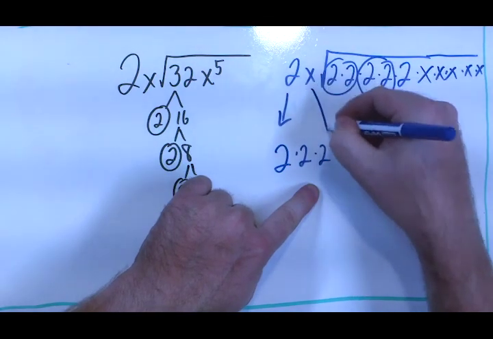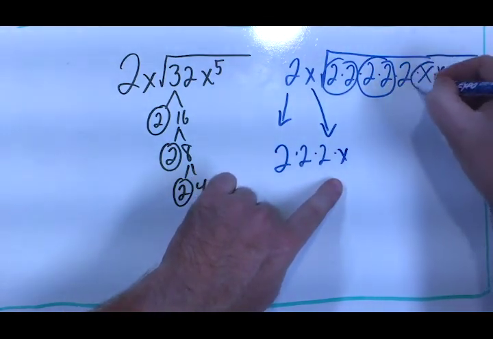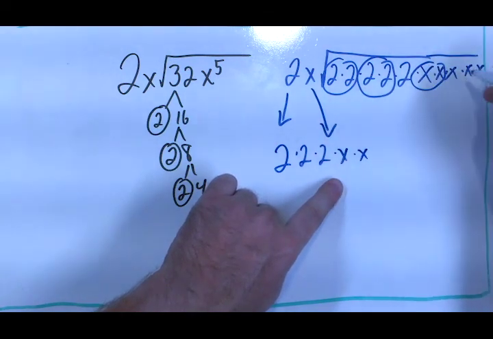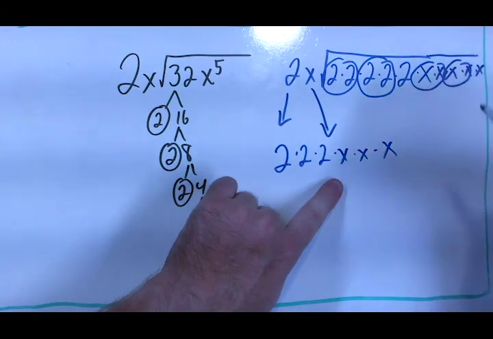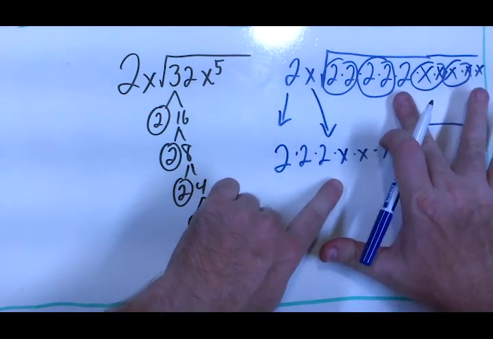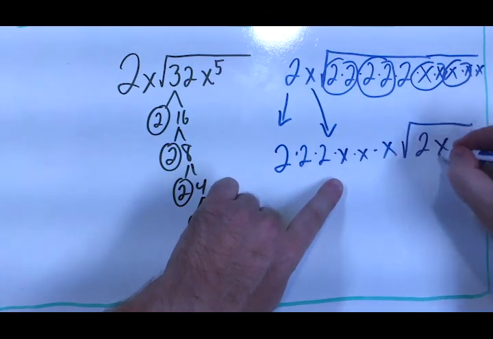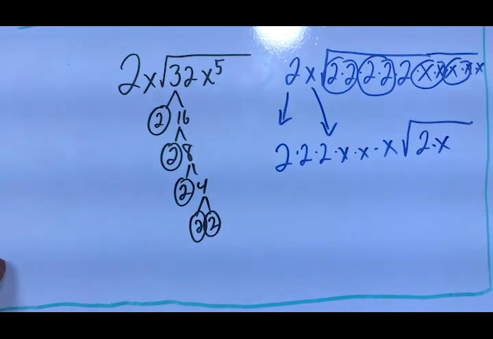Now I'm going to bring down this x and start pulling out my pairs of x's. So there's one, there's another one, and that one doesn't have a pair, so it's going to stay. So I write my square root. Whatever is left, that's a 2 and an x, stays. Everything gets multiplied back together now.